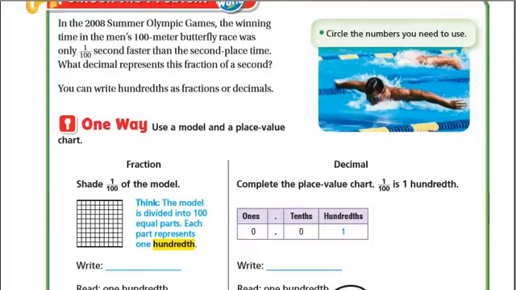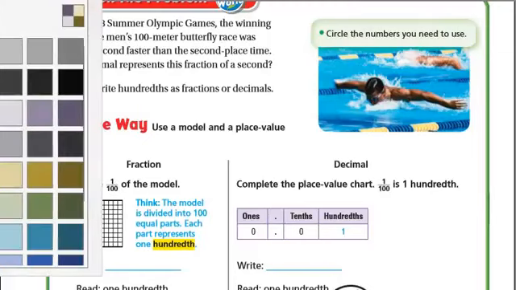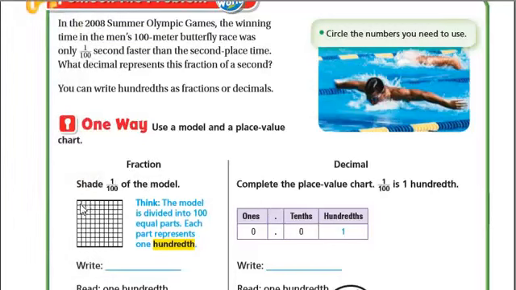So here we have a fraction which is 1 out of 100. Let's shade just one part out of 100. If I want to read it, I say one hundredth. Okay, we will represent one hundredth. So let's shade just one square, like this.